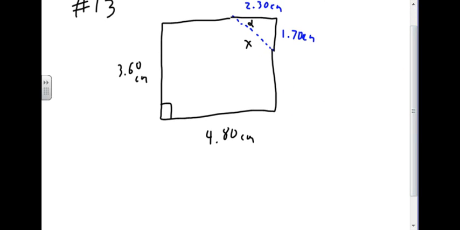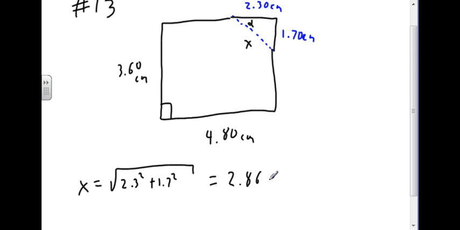Well, I think I'll go for x first. What do you think? Yeah, x first. Okay. x is equal to the square root of 2.3 squared plus 1.7 squared, which equals 2.86, 2.860069929 centimeters.